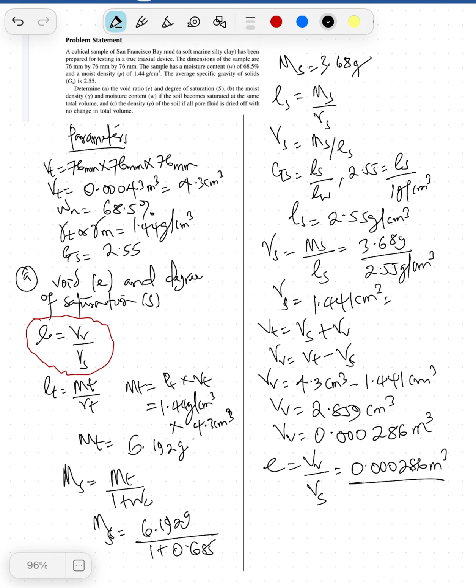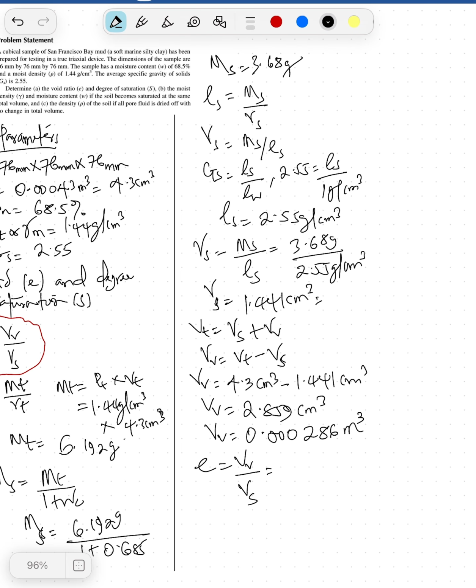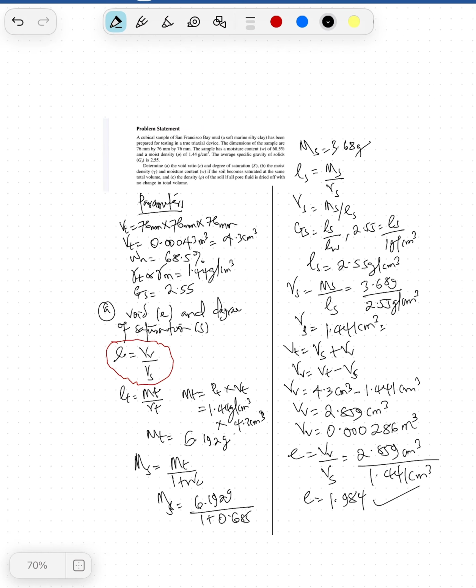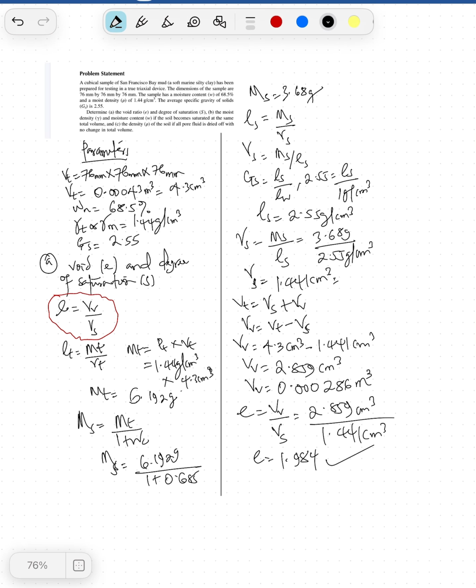We can use cm cube: volume of void is 2.859 cm cube over volume of solid 1.441 cm cube. 2.859 divided by 1.441, so void ratio equals 1.984. That is our void ratio.